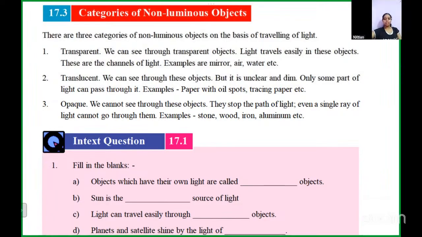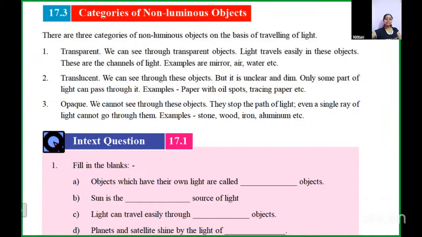Why? Because opaque objects are not at all transparent, not even translucent. They block the path of light. These are stone, wood, iron, aluminium, etc.